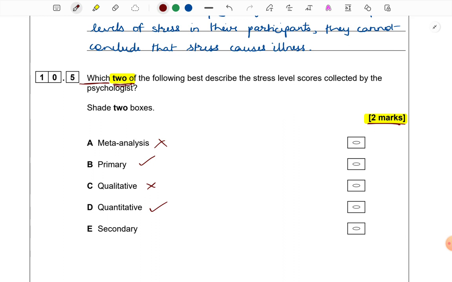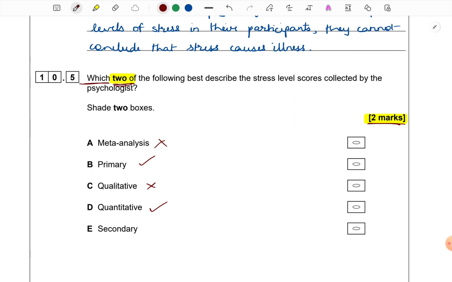Secondary data, although I don't need to consider this, I've already got my two answers. But like I said, just to be very sure before marking anything, let's consider this also. Secondary data means collecting data from some other study, having data that was collected by some other researcher or documented elsewhere that is borrowed for the purpose of a study.